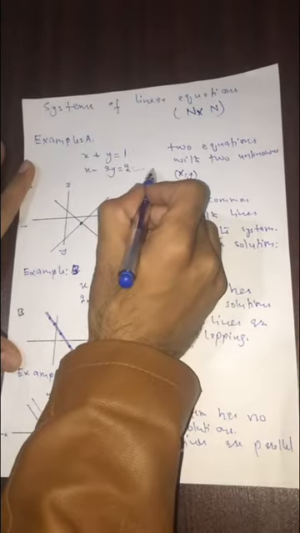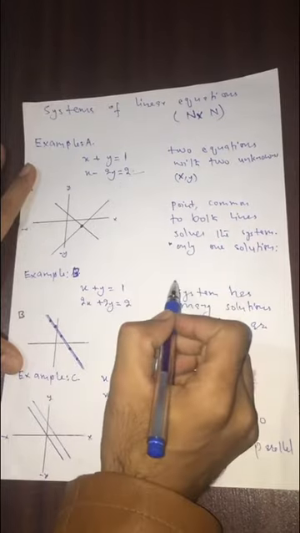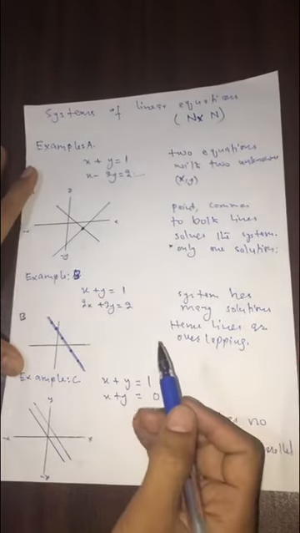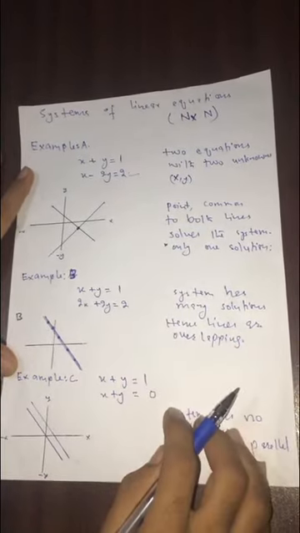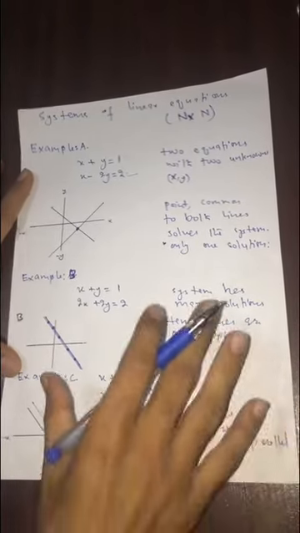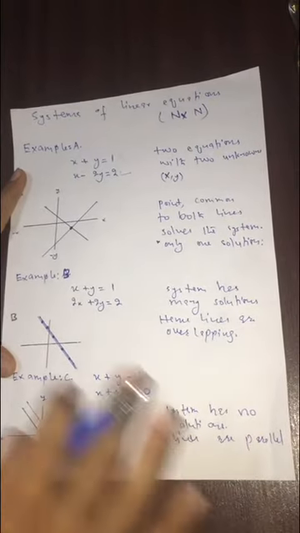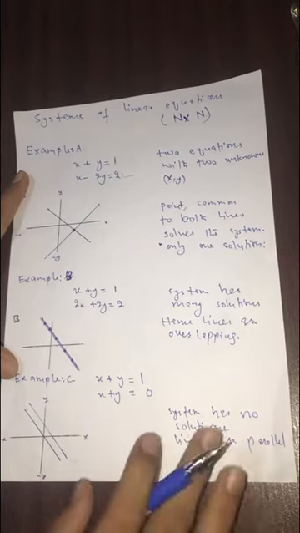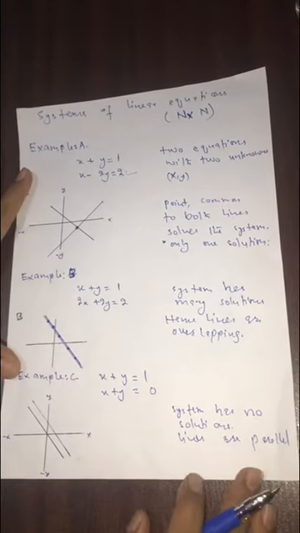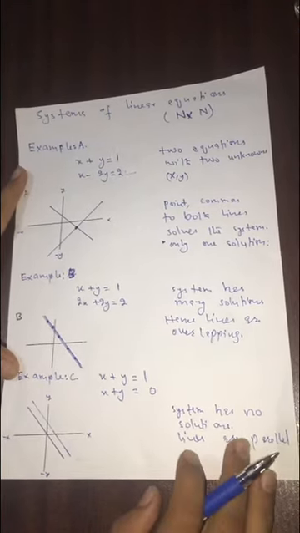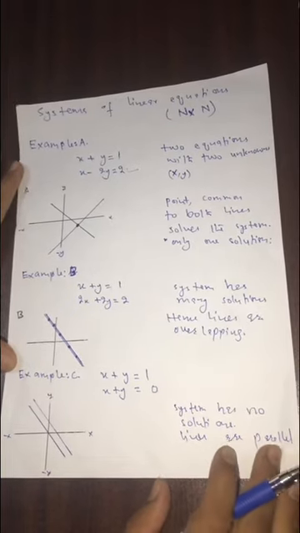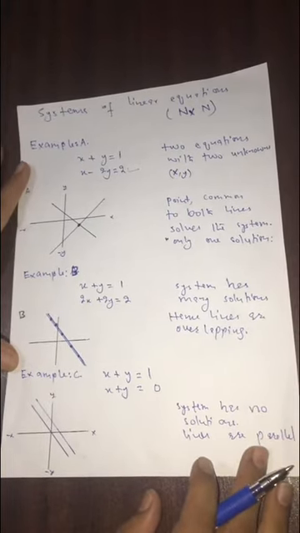Now the system can have one solution, it can have many solutions, or it can be without a solution. It's very important for you to note all these things I'm telling you. When I started linear algebra, I was very weirded out and astonished about why I was learning these things. Then I came to know its importance later on.